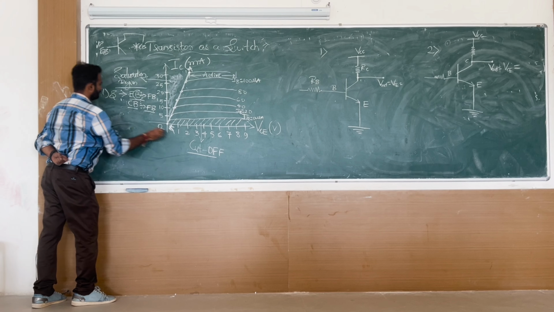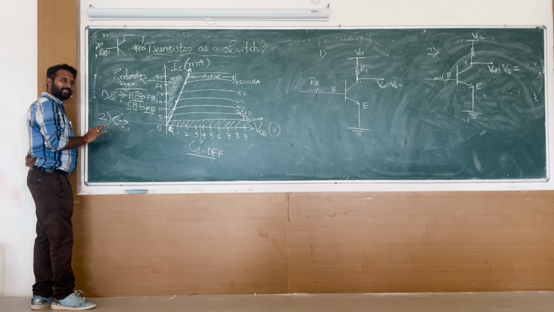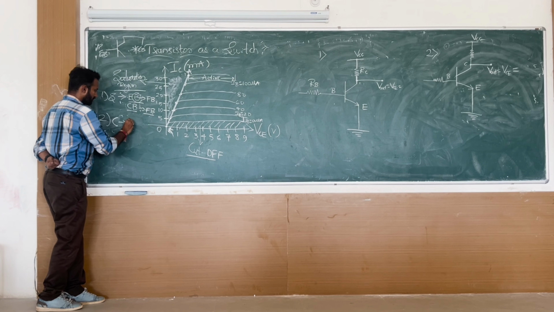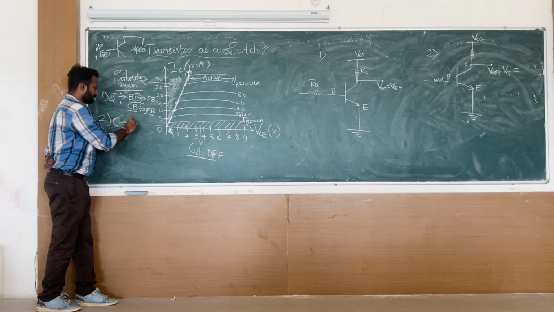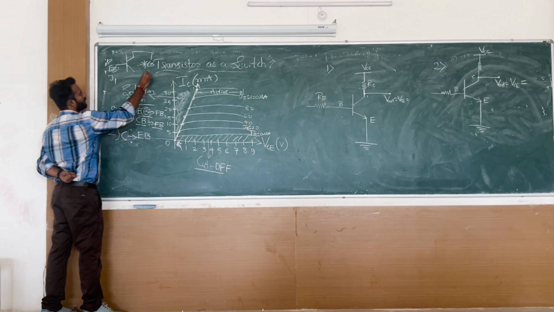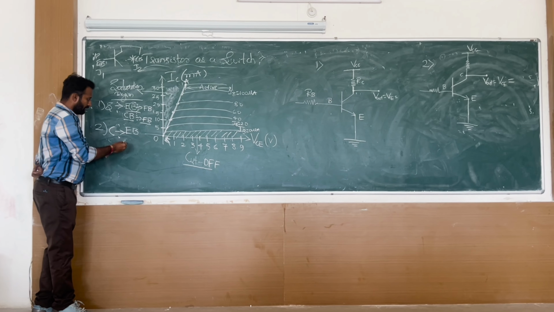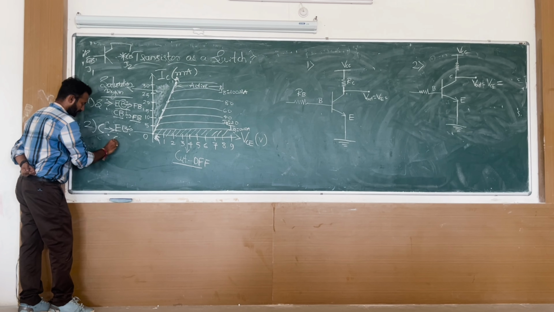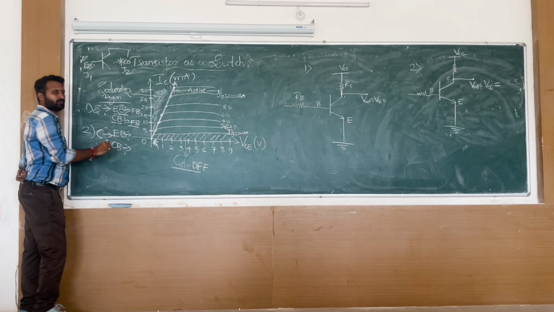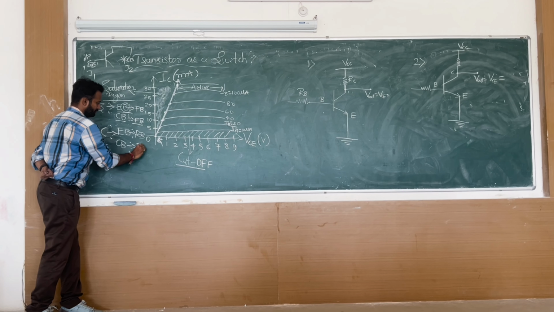What is this? I will write C here. C means cutoff region. In this region, the emitter base junction is J1 and the collector base junction is J2. Keep that in mind. Both the emitter base junction and the collector base junction are under reverse bias.